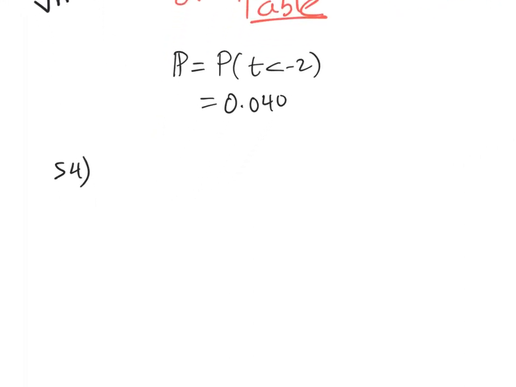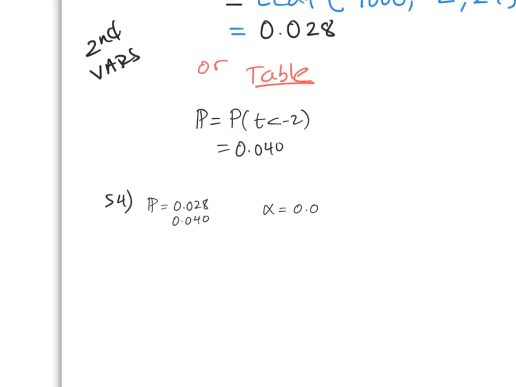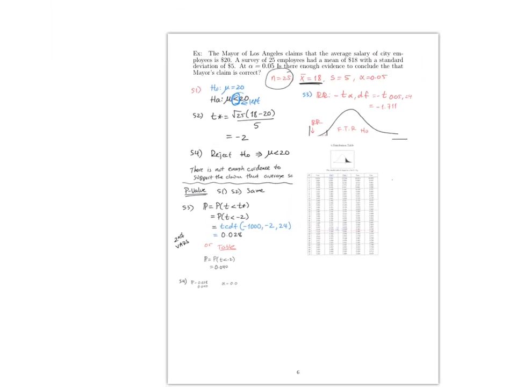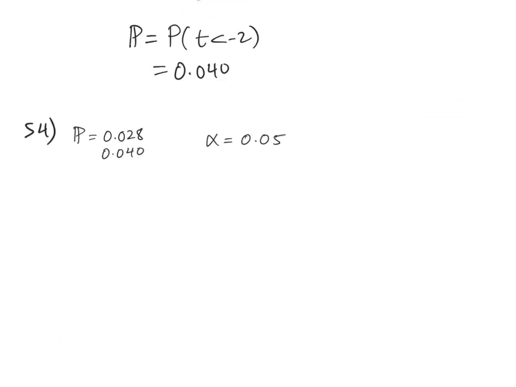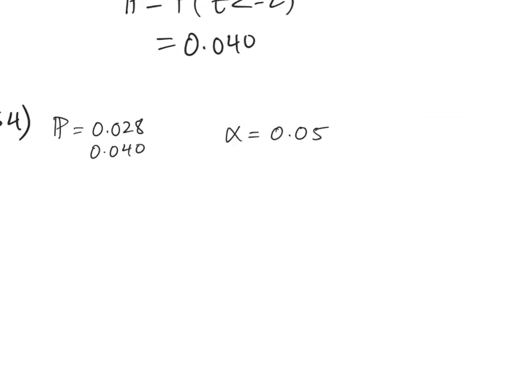You're going to compare the p-value, which I'm going to put the two together here, 0.028, and the other one was 0.40. One is the calculator and another one is the table. Alpha is how much? 0.05. It doesn't matter which one you pick of the two, both of them are less than alpha, either the table or the calculator.